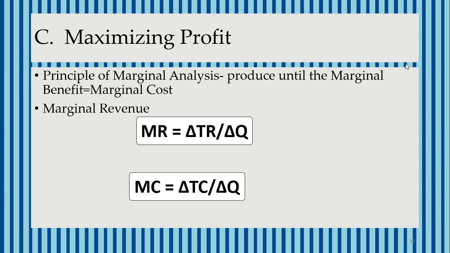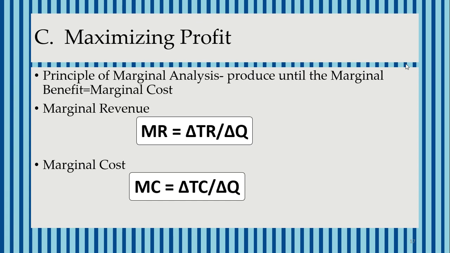So the additional revenue that I bring in is my marginal revenue. We're going to weigh that against the additional cost, the marginal cost. The marginal cost is the change in the total cost over the change in the quantity.